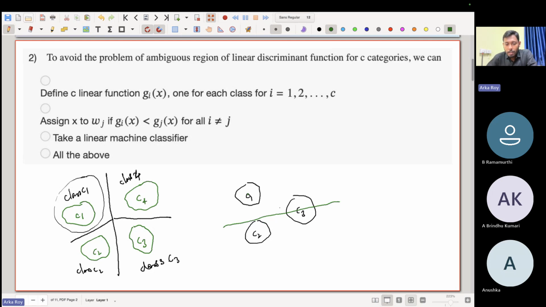For example, in this particular region, if I choose another classification decision boundary to be this, you can see that this region shares the information of C2 as well as C3. So it is not able to classify C3 well, and hence it is creating an ambiguous region of classification.